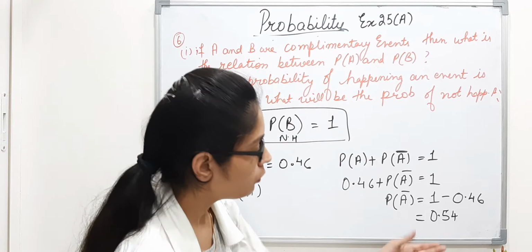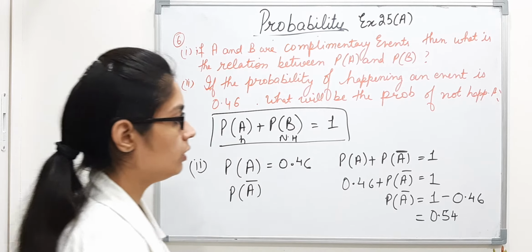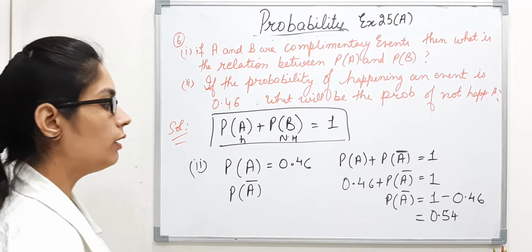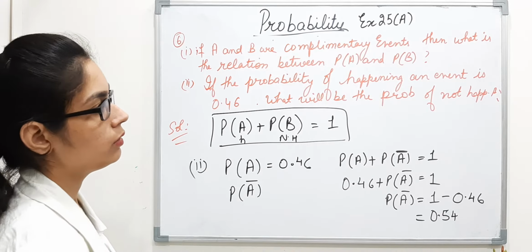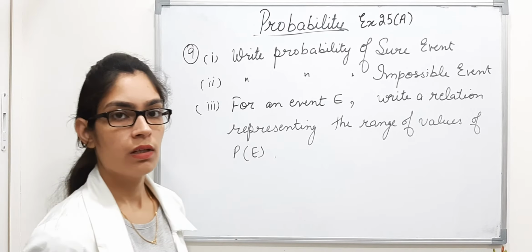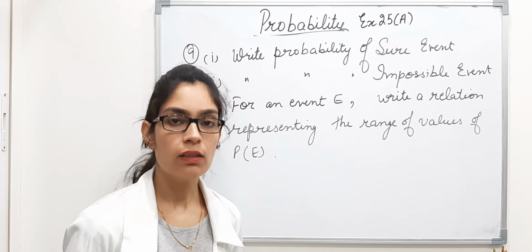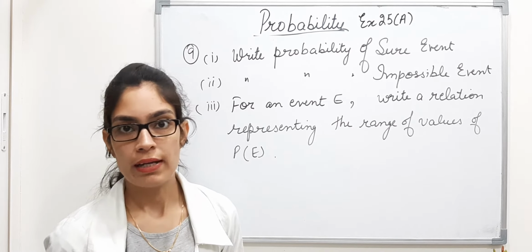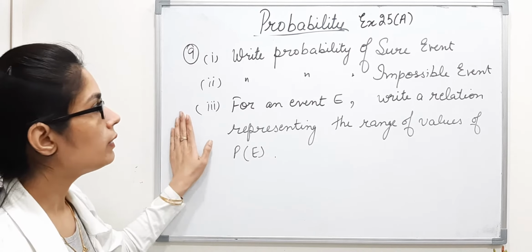Subtraction you guys can do. You will get 0.54. So this is the probability of not happening of A. Question number 7th and 8th, they both are based on the complementary events. You just have to try yourself. And now question number 9.